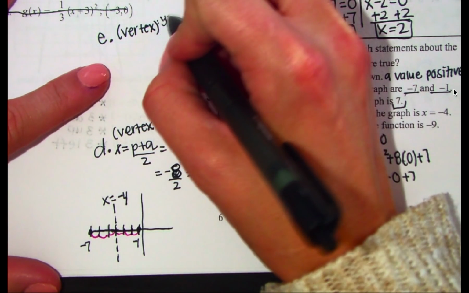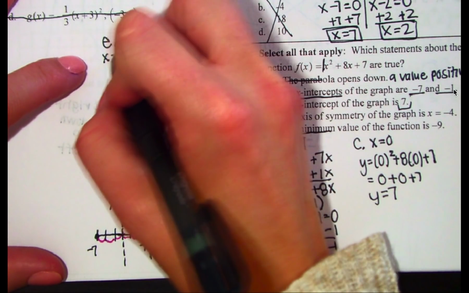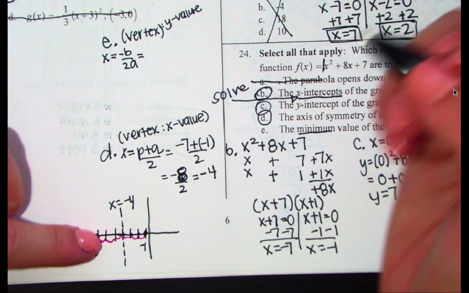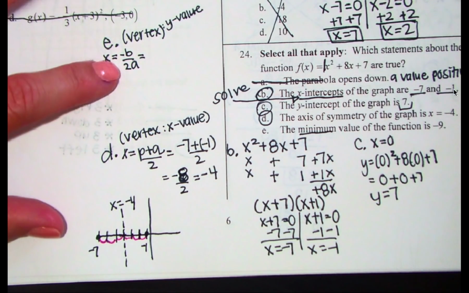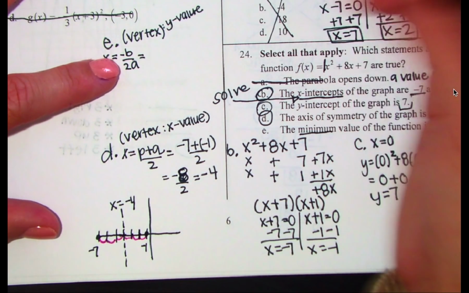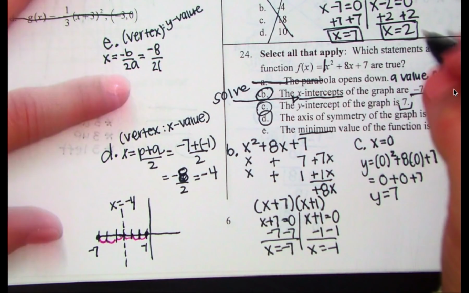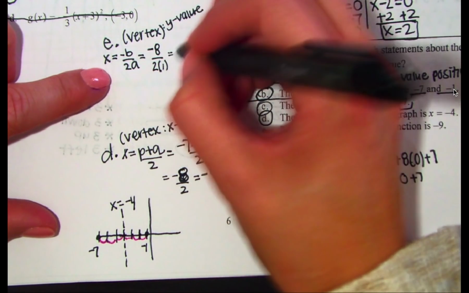So it's your y value. So x is equal to -b over 2a, which we actually don't really need to do because we already know the x value. But just in case, -b over 2a would be -8 over 2 times a. So 2 times 1.